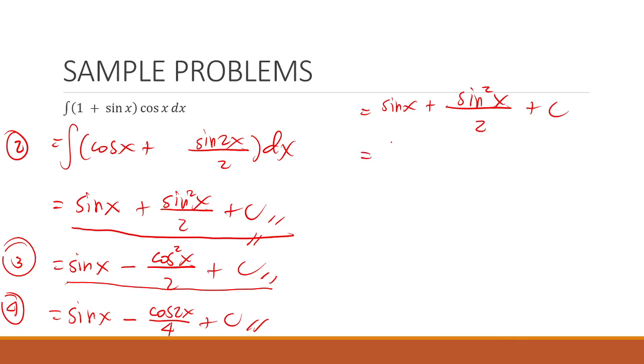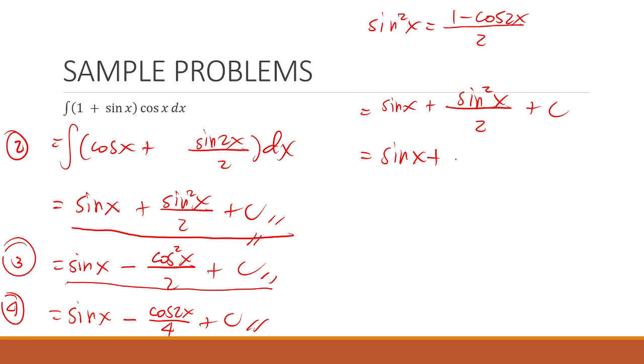Okay? So, sine x plus, ang sine squared x kasi is what? Anong double angle identity niya? Double angle identity in terms of cosine. It's 1/2 times 1 minus cosine 2x. Okay? From the double angle identity.